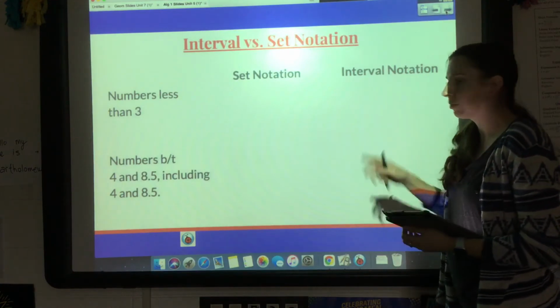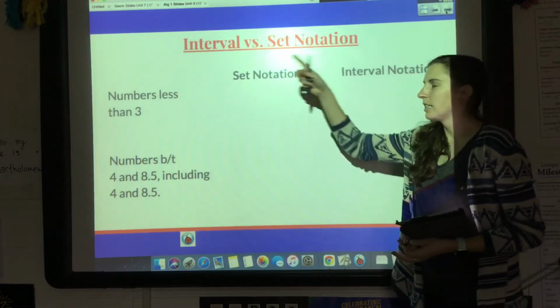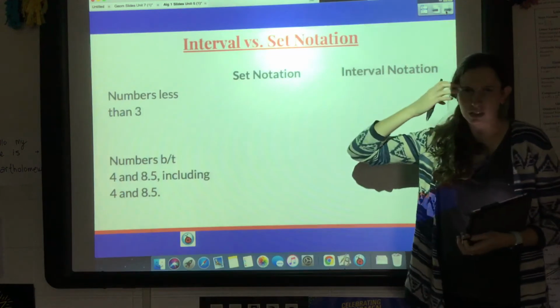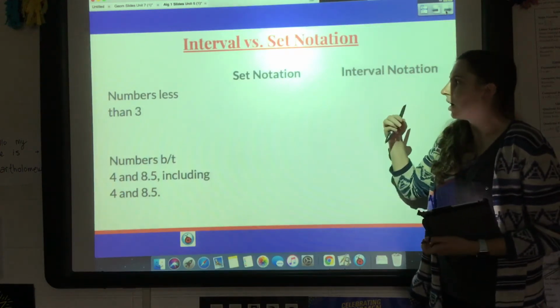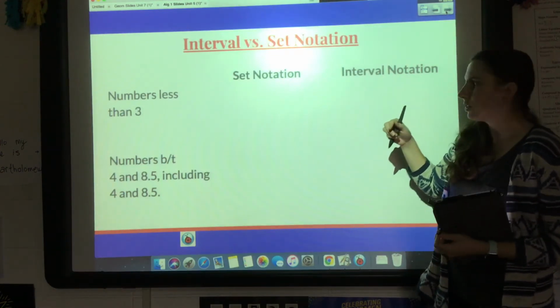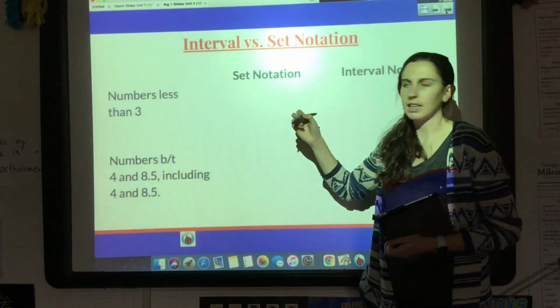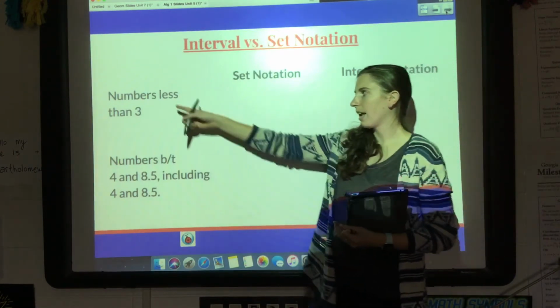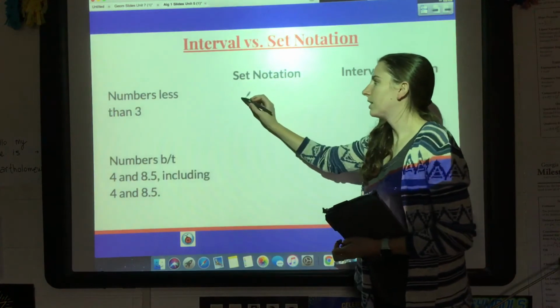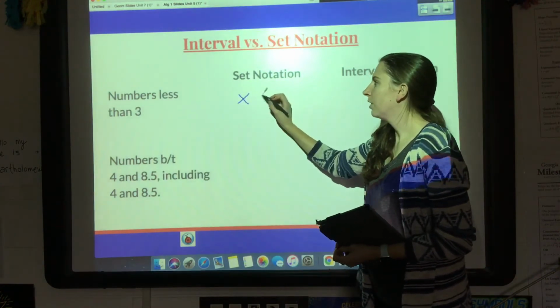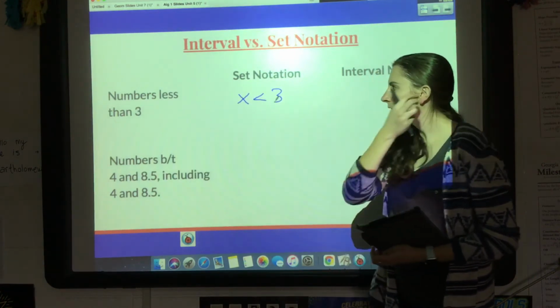So I want to real quick refresh on interval notation versus set notation because you're going to need this. For example, set notation is just using inequality signs basically. Like if you wanted to say the number's less than 3, you would say any x value less than 3.